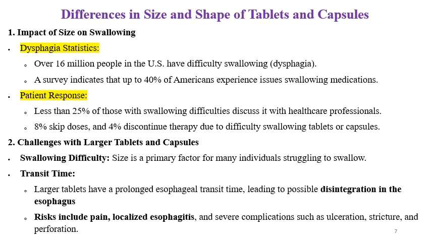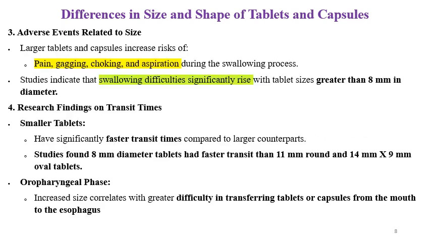Then transit time. Larger tablets, as we know, will have prolonged esophageal transit time, leading to possible disintegration in the esophagus. And if this disintegration happens in the esophagus, then it will have a risk of pain, localized esophagitis, and severe complications like ulceration and perforation.